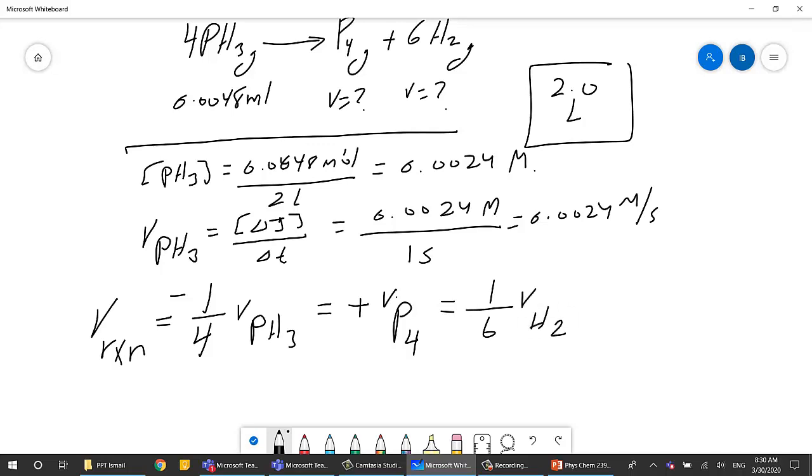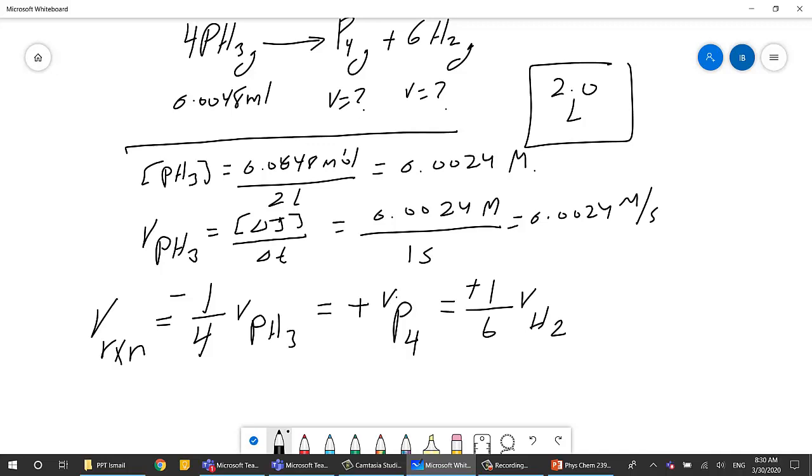This is plus. And this means that H2 is actually going at 6 times the speed of P4, and PH3 is 4 times P4, and so on.